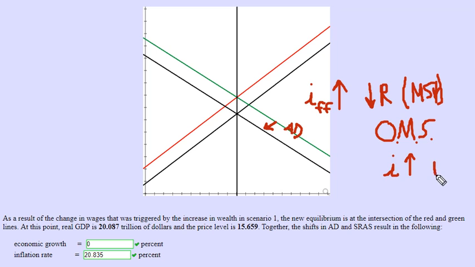If inflation expectations are constant, then the real rate of interest will increase. And that is what, and investment falls, exports fall, and consumption falls. And those push aggregate demand in.